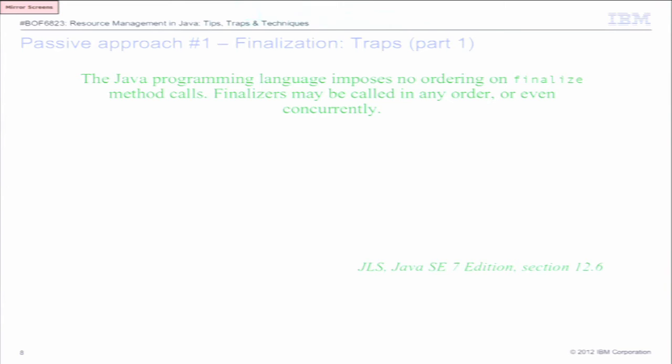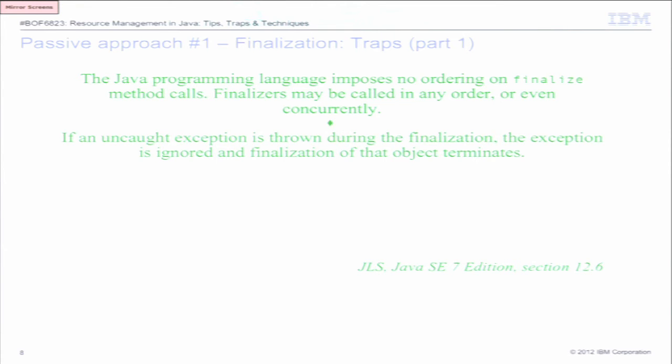To be safe, you have to limit yourself to just cleaning up the resources which are really directly related to the object that you're dealing with. Secondly, it says that if an uncaught exception is thrown during finalization, the exception is ignored and finalization of that object terminates. That's really scary.